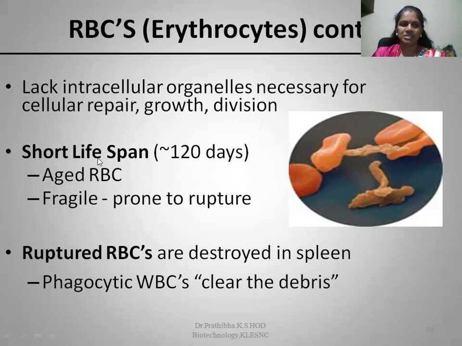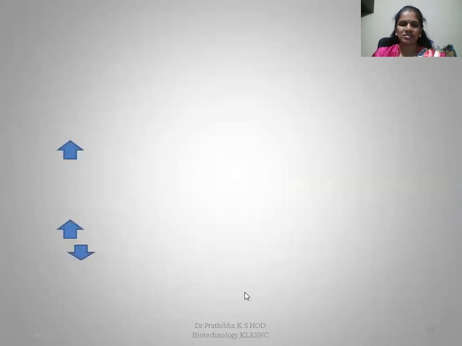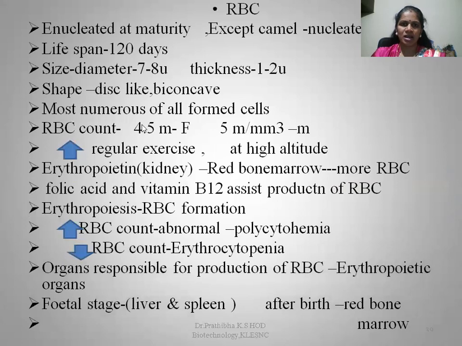These RBCs have a short lifespan of 120 days. Aged RBCs are fragile, prone to rupture. Ruptured RBCs are destroyed in the spleen, and phagocytic cells clear the debris of those RBCs. These RBCs are enucleated at maturity.